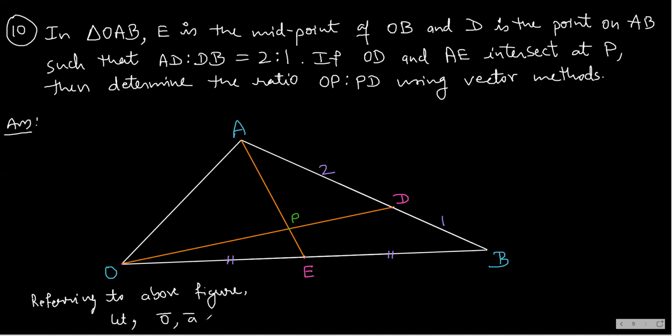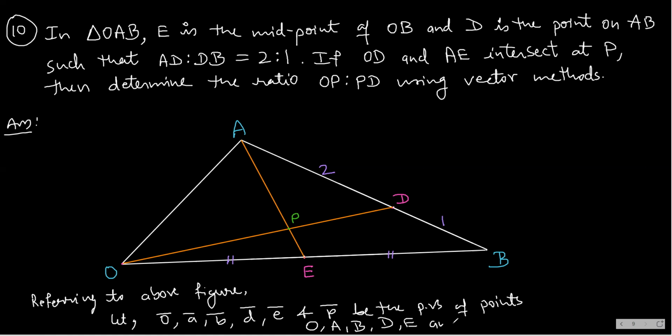Let O bar, A bar, B bar, D bar, E bar, and P bar be the position vectors of points O, A, B, D, E, and P respectively with respect to a fixed point. Even if you don't name it, it is okay. Now see, next what we write.